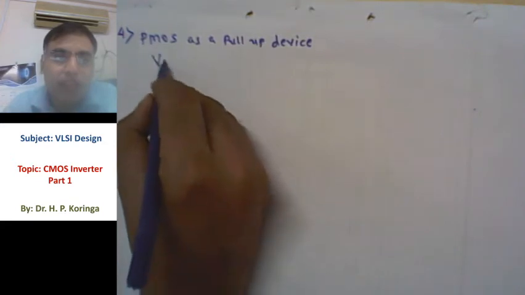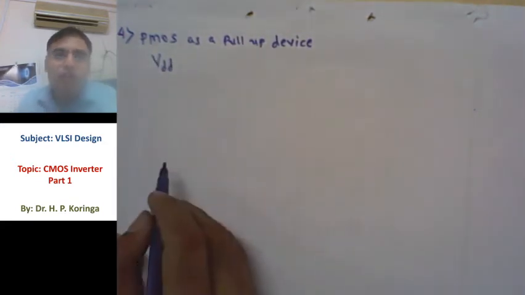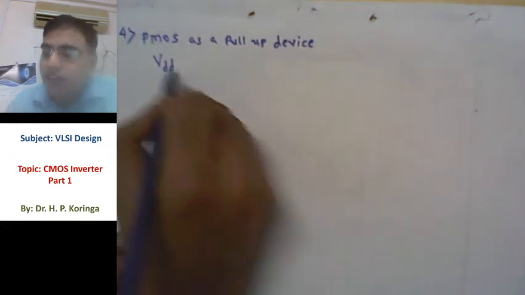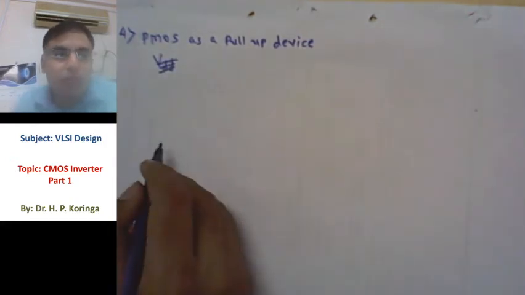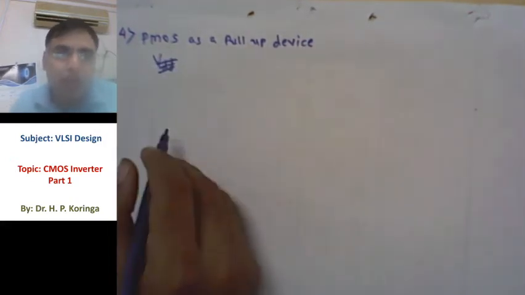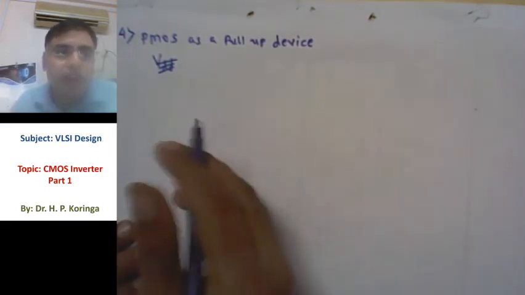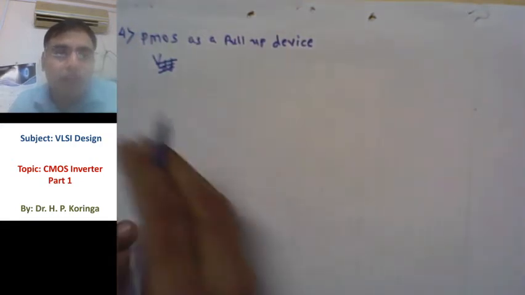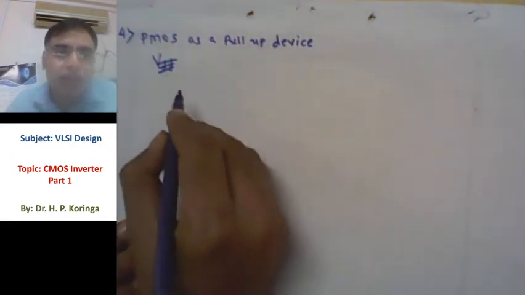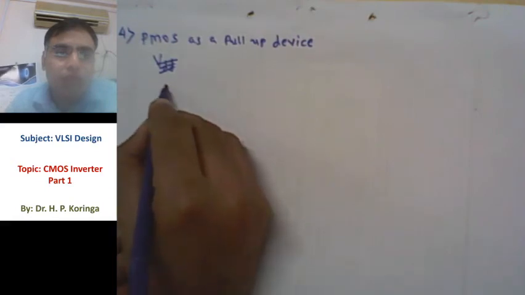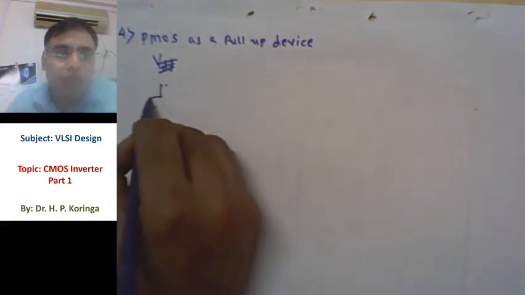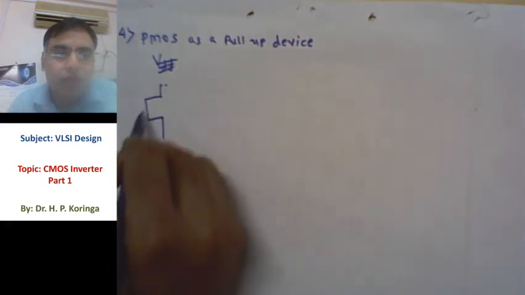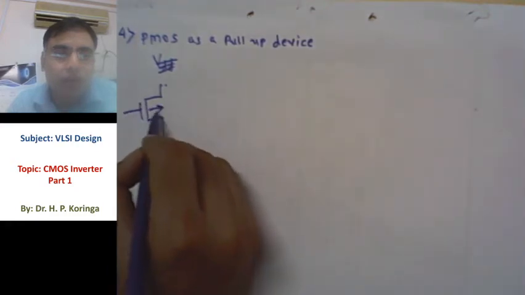So before using the PMOS as a pull-up device, let me tell you about the PMOS, because we are using PMOS for the first time. Maybe you have studied it in the third chapter, but let me revise some concepts which we require, right? So in a PMOS, we see the symbol of the PMOS.